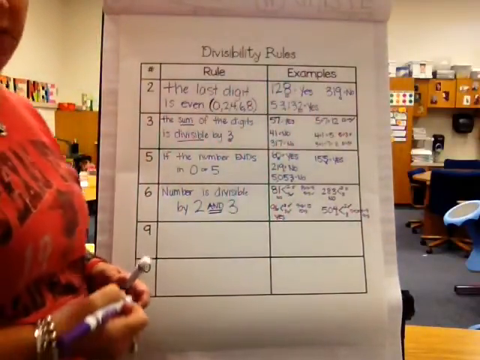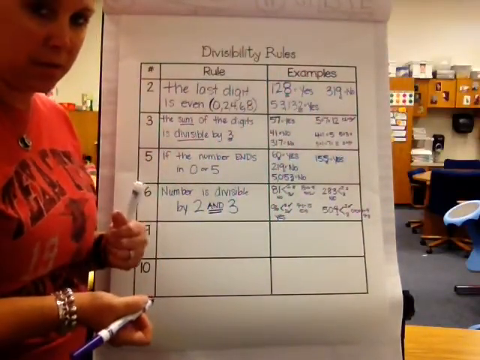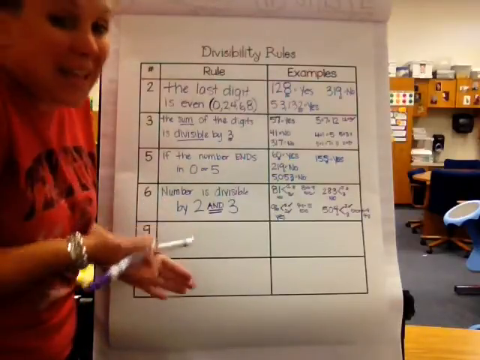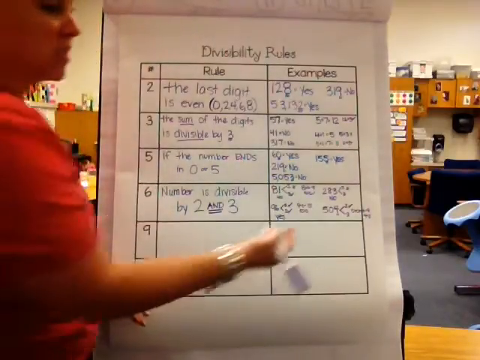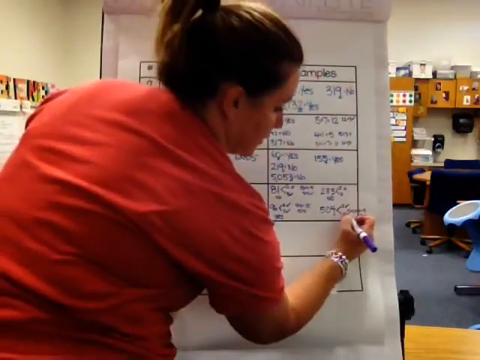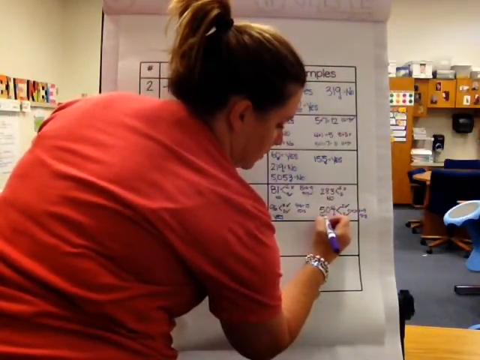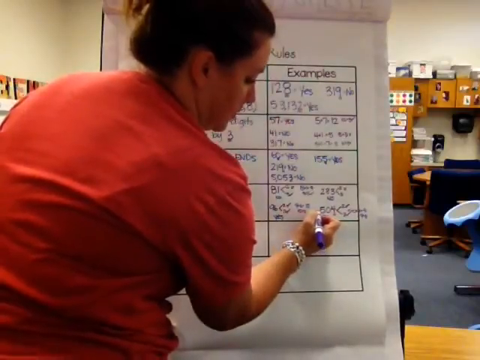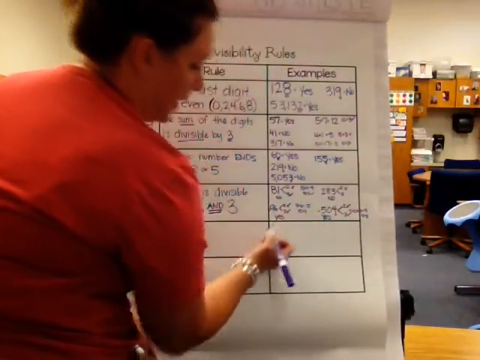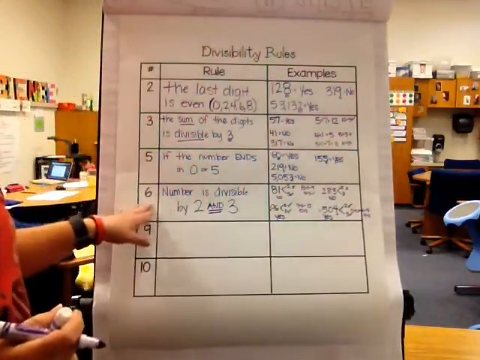Is 9 divisible by 3 in normal? 9 divided by 3? It's 3. Doesn't matter what the answer is. I just have to know if this number is evenly divisible by 3, and it is. So believe it or not, yes. So 504 and 96 are both evenly divisible by 6.